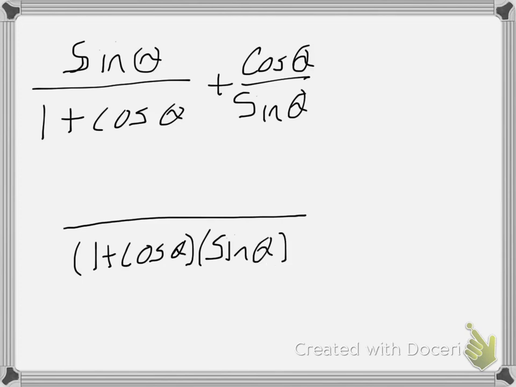Well, what do I have to multiply the left-hand side by? Clearly, I have to multiply that by the sine of theta, so that becomes sine squared of theta. What do I have to multiply the other side by? Well, that has to get multiplied by 1 plus the cosine of theta. So cosine times 1 is cosine, and cosine times cosine is cosine squared theta.